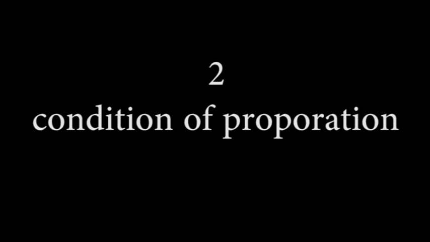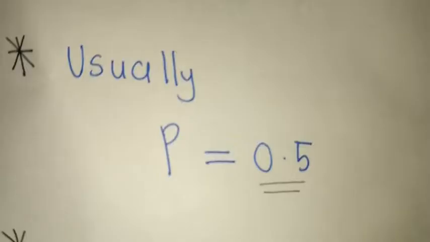In order to solve question A, they said that we do not know the true value of the proportion. So if we recall the condition for the value of P, if we do not know the value of P, we can assume that P is equal to 0.5.